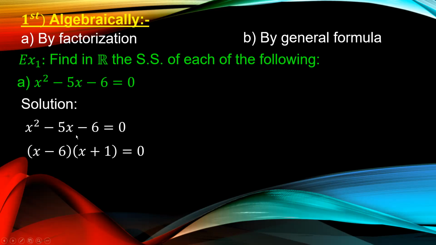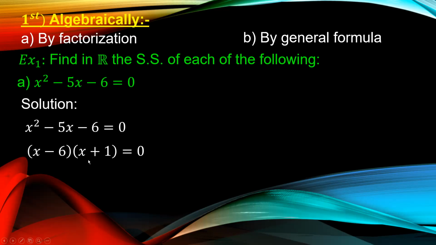Again, to factorize x power 2 minus 5x minus 6 equals 0, open two brackets, factorize x power 2 as x and x. The product of the numbers is 6 and the difference between them is 5, so they are 1 and 6. The sign of the greatest will take the same sign as the middle term, negative, and the other number the opposite sign.